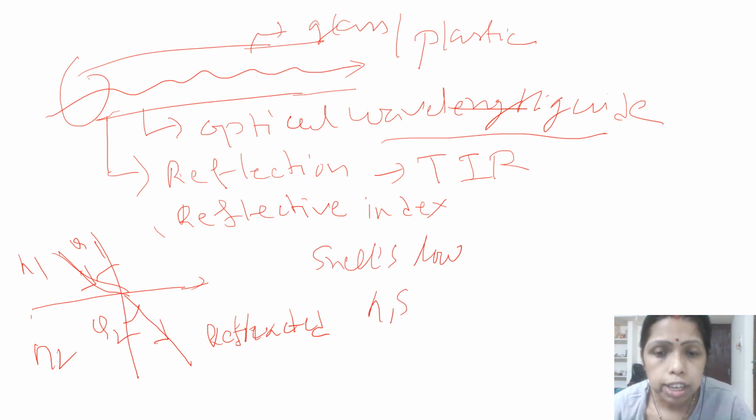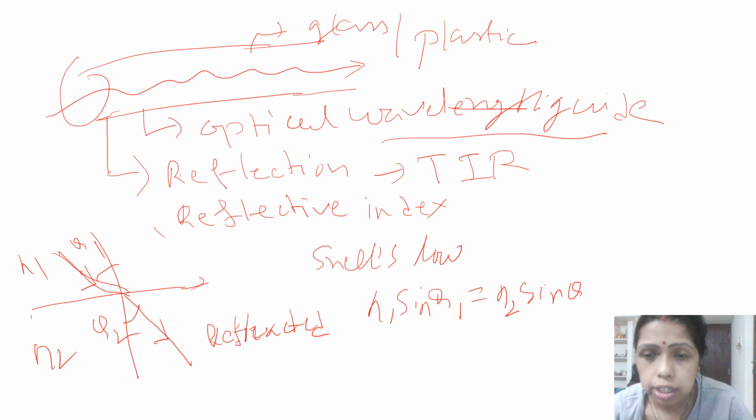The refractive index n1 multiplied by the sine of the incident angle, sine theta 1, is equal to n2 into sine theta 2. So n1 sin theta 1 equals n2 sin theta 2, where theta 1 is the incident angle and theta 2 is the refracted angle. This is Snell's law.